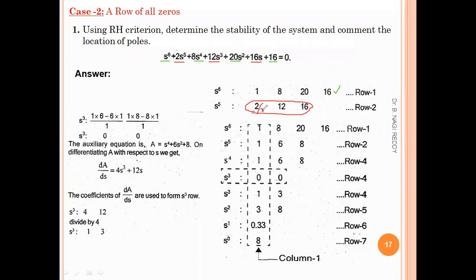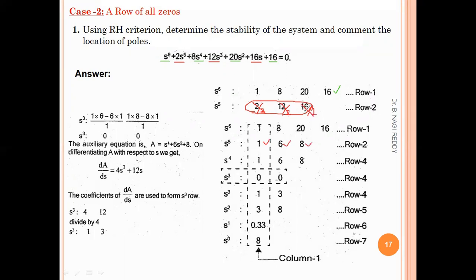We can divide each and every element by 2. So 2 by 2 is 1, 12 by 2 is 6, 16 by 2 is 8.